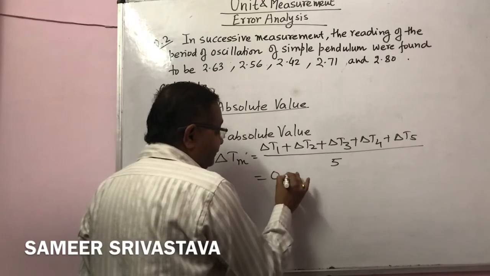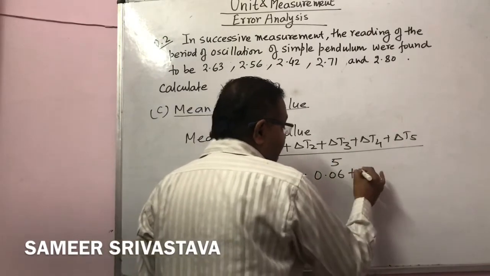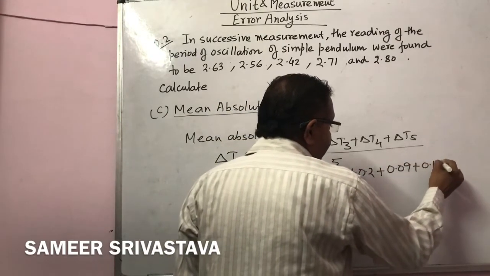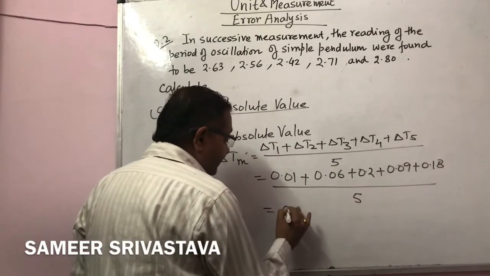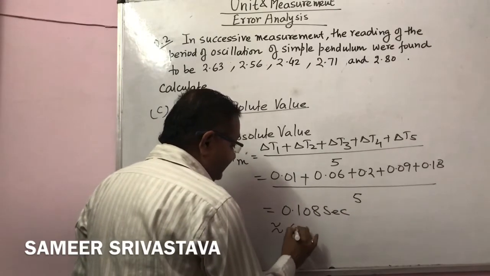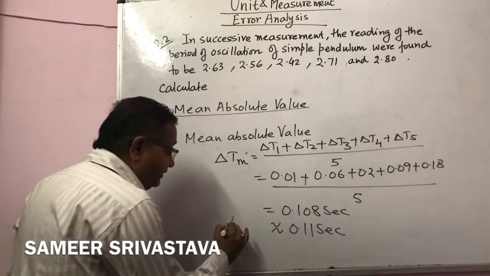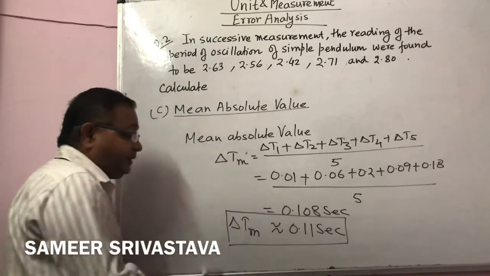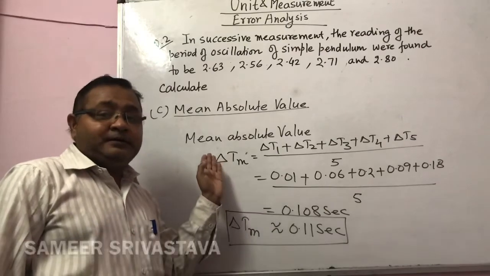Delta T1 is 0.01, delta T2 0.06, delta T3 0.2, delta T4 0.09, delta T5 0.18, upon 5. After solving we get 0.108 second, that approximately we can write 0.11 second. So the value of delta Tm, the mean absolute value, is 0.11 second.